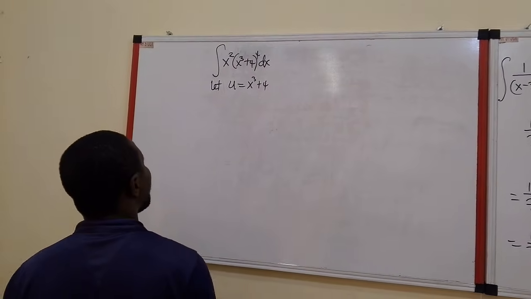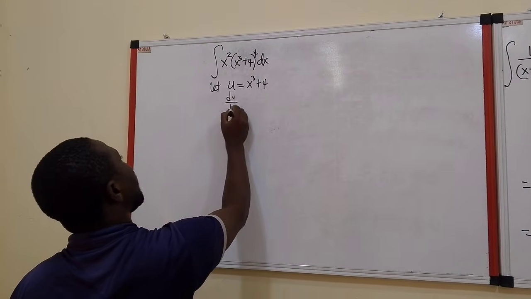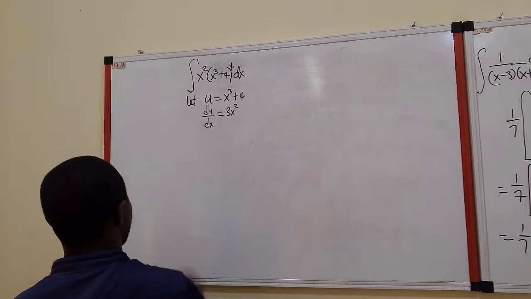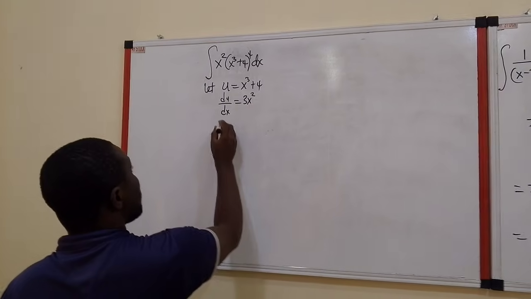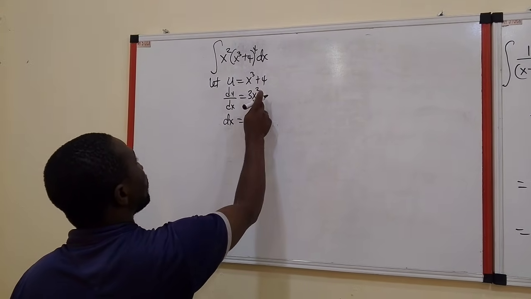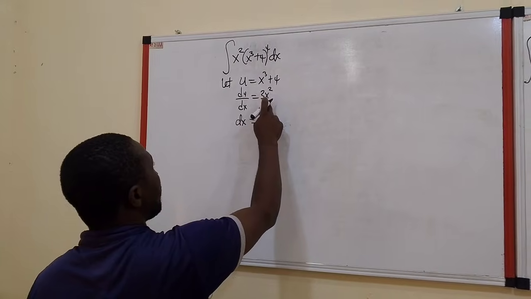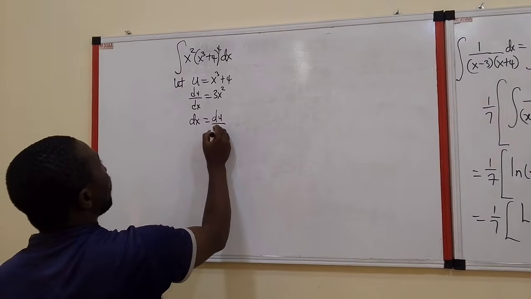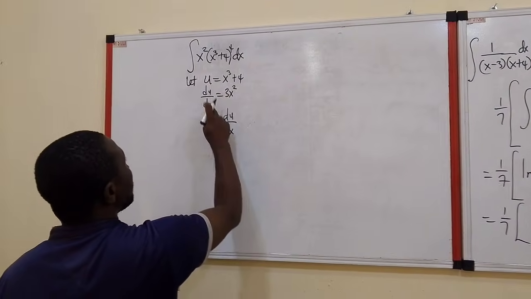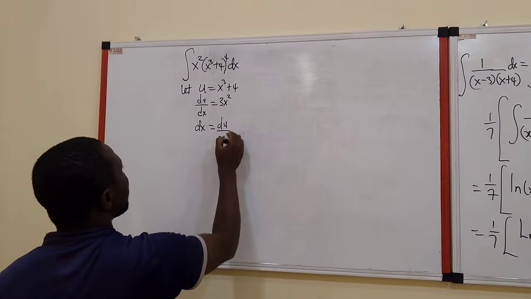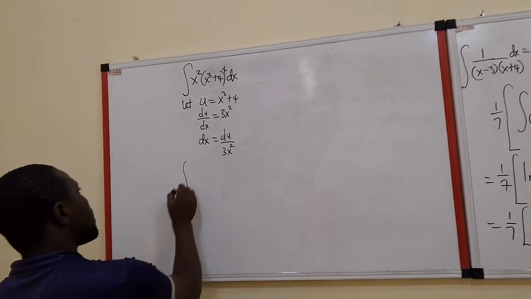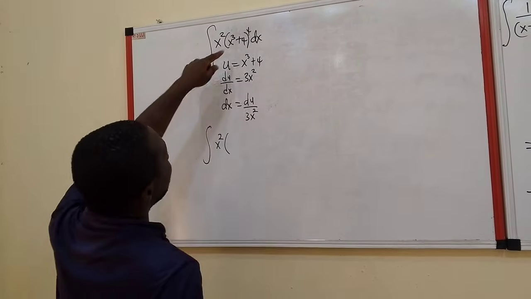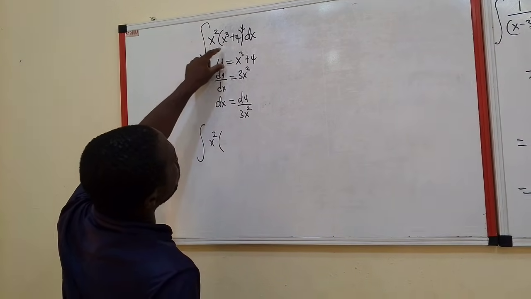And if that is u, we look for du over dx. The du over dx gives us 3x squared. We make dx the subject of the formula. So I have my dx now. Bring dx this way, take 3x squared downwards. Dx now will be du over 3x squared. So the integral now of x squared into bracket, remember, x raised to 3 plus 4 is u.